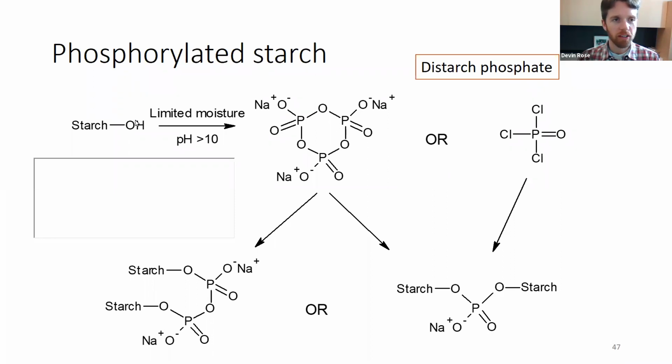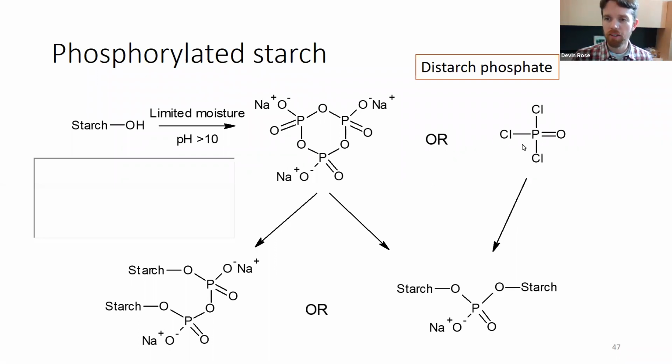Okay, so to make these, we would take starch and react it with either this trisodium metaphosphate, or this compound, which is a chlorinated phosphate. This one is called phosphorus oxychloride or phosphoryl chloride, same thing.